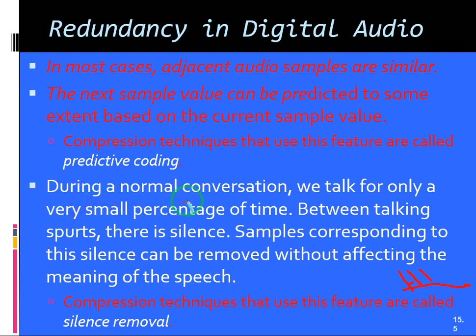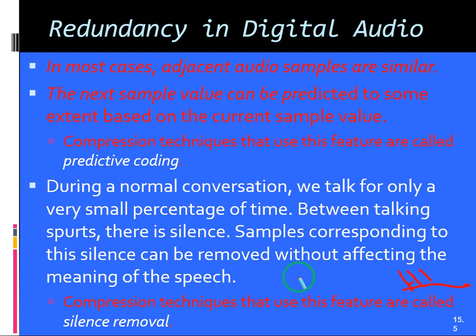During a normal conversation, we talk for only a very small percentage of the time. Between talking spurts there is silence. Samples corresponding to this silence can be removed without affecting the meaning of the speech.